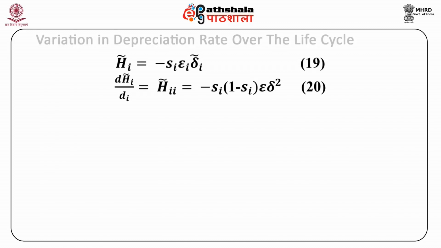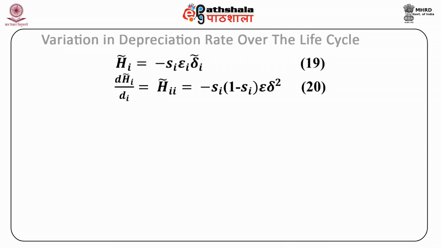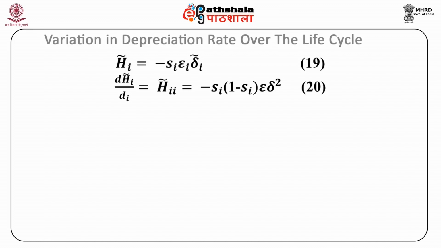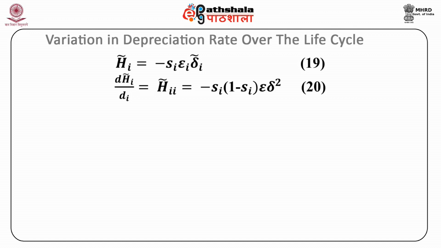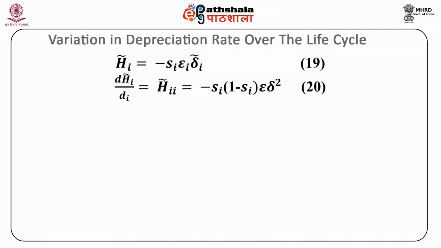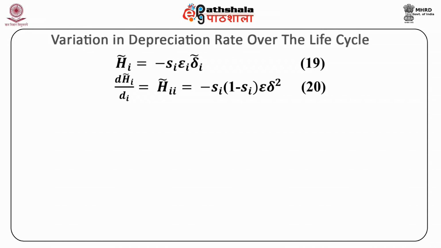H tilde i delta is equal to minus Si epsilon i delta i delta, equation 19. dH tilde i delta upon di delta is equal to H tilde ii delta, equal to minus Si into 1 minus Si into epsilon into delta squared.